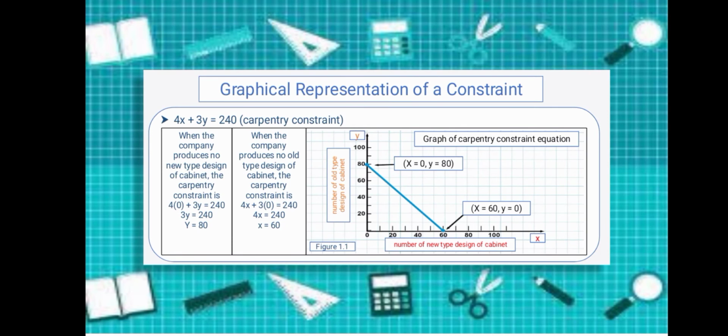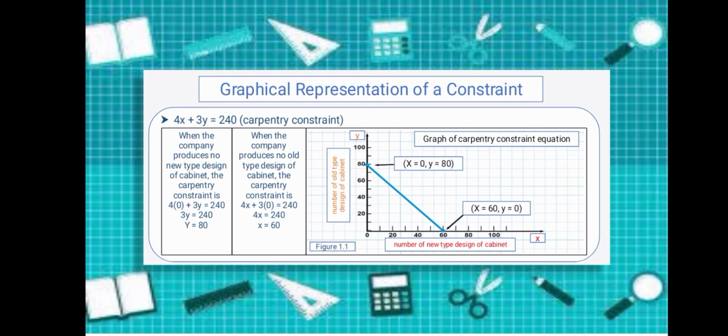So first, ang una nating gagawin is i-plot natin yung una nating constraint, which is yung carpentry constraint. So first is 4x plus 3y is equal to 240. When the company produces no new type design of cabinet, the carpentry constraint is 4 times 0, since no type design nga na-produce, plus 3y is equal to 240.